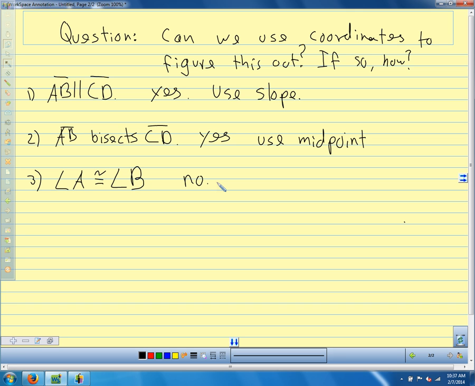Eventually, you'll learn something that has to do with coordinates and angles. If you go further, if you take pre-calculus, we talk about coordinates and how to figure out angles with coordinates. But for now, what we're doing, we can't. Is there a special case where we could figure out something about angles? Something that has to do with slope.